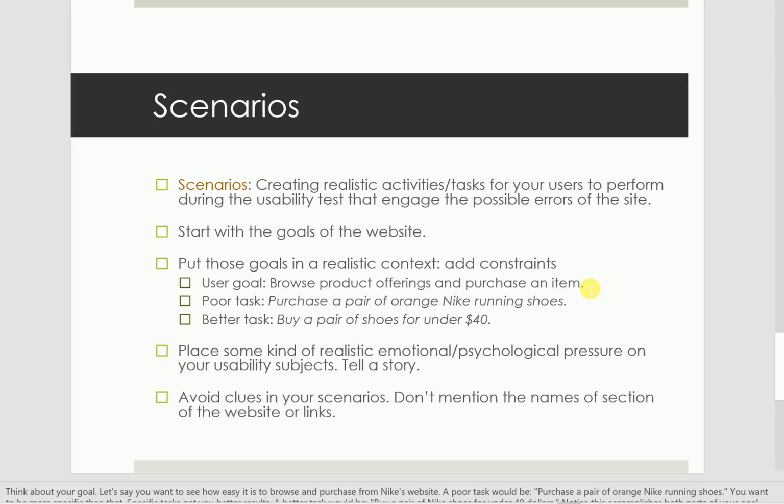So that would be your task. Tell me where to click next in order to find a movie to see Sunday afternoon. A better way to ask the user to accomplish this similar task would be to tell them, use the Fandango homepage to find a movie you'd be interested in seeing on Sunday afternoon.